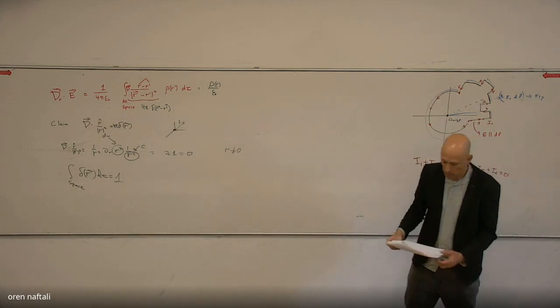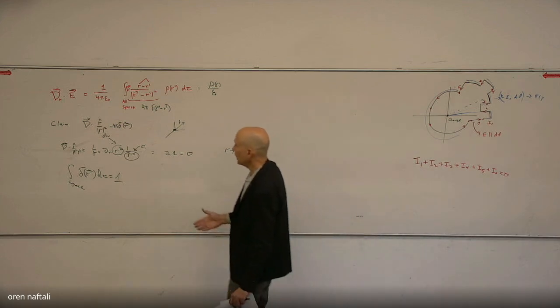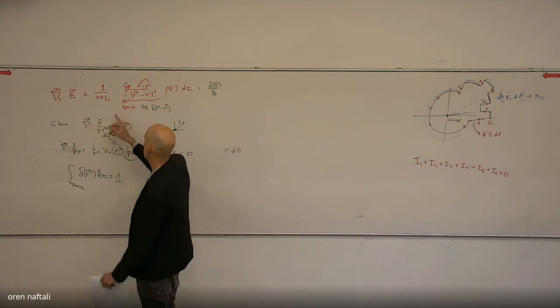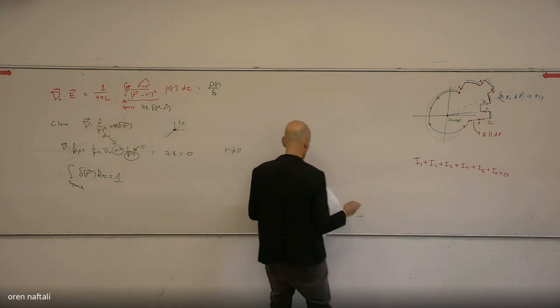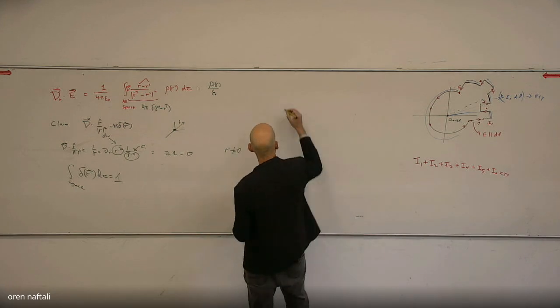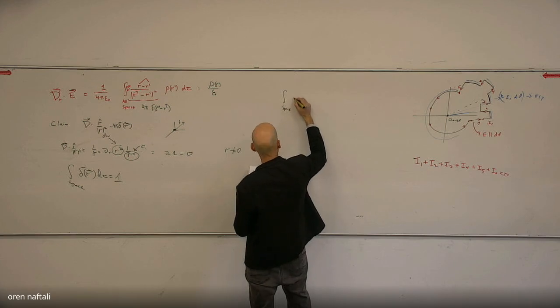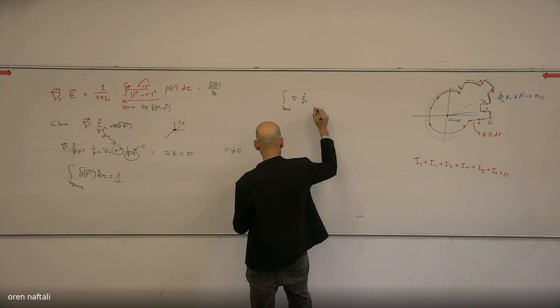And this is easy to prove, because all I need to do is integrate this. So we do that by integration. I need to integrate over a space the divergence of r hat over r squared, d tau.